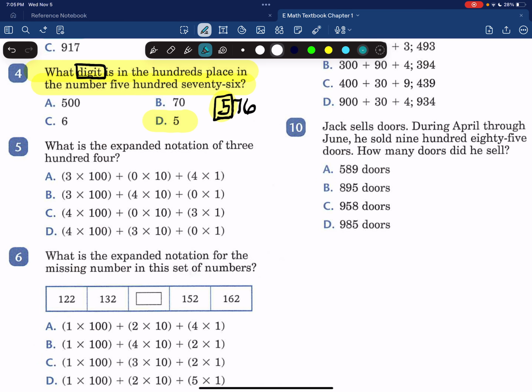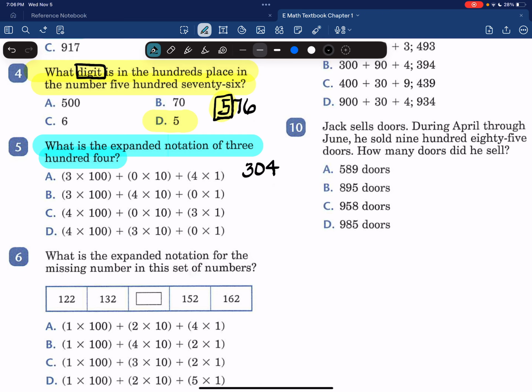How about number 5? What is the expanded notation of 304? Now, I always like to see standard. If I'm not shown standard, I will write standard every time because that helps me.